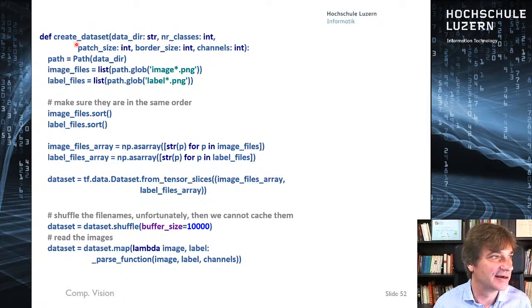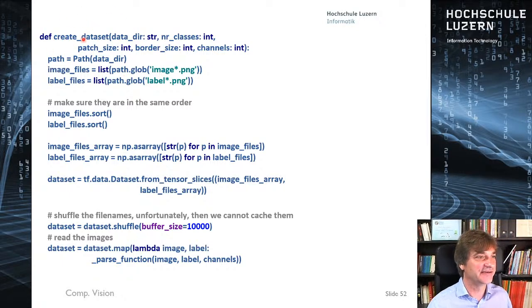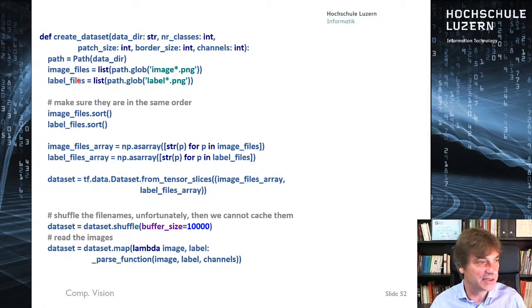I put that in the function create_dataset, and the idea is you have a list of images and a list of label images. Here I will just read them all from that directory. Make sure, because with reading you never know, that this list is sorted.